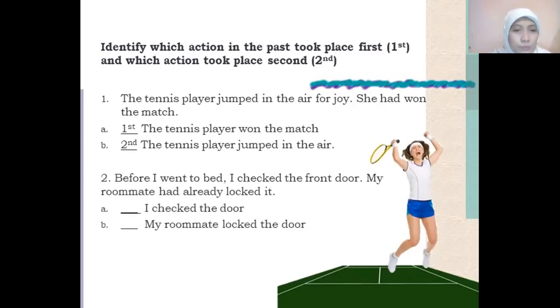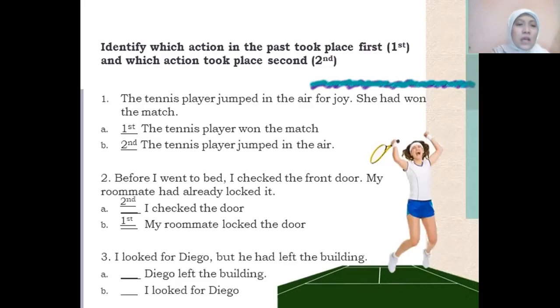Let us see number 2. Before I went to bed, I checked the front door. My roommate had already locked it. Which one is number 1? Number 1 is my roommate locked the door, and the second, I checked the door.